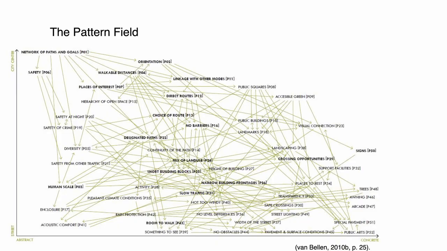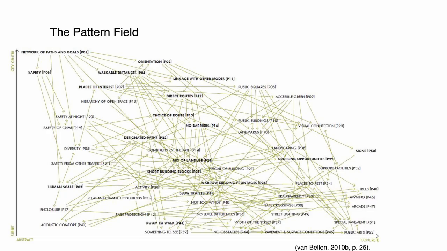And here we can see if we can read some of these patterns. This scale is reversed, so it's from abstract to concrete, the way they did theirs. But we can see a concrete small scale pattern at the street is public arts for these guys. And then they have safety as an abstract high scale pattern.